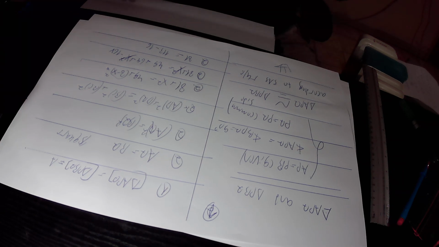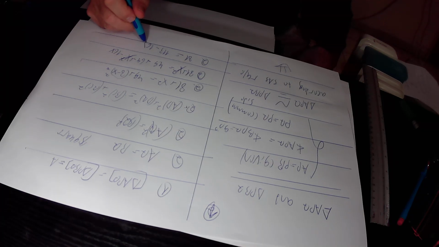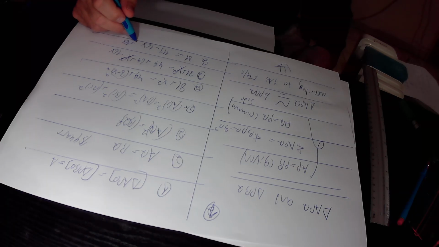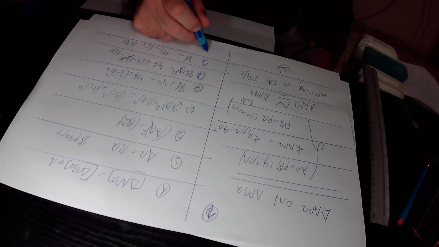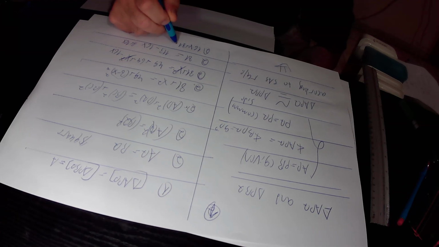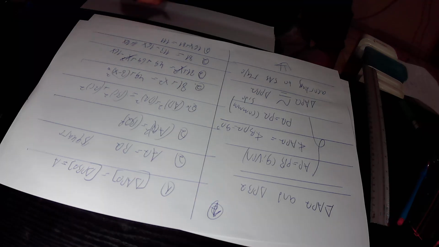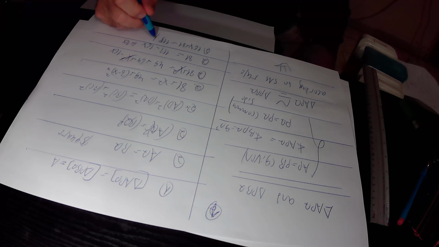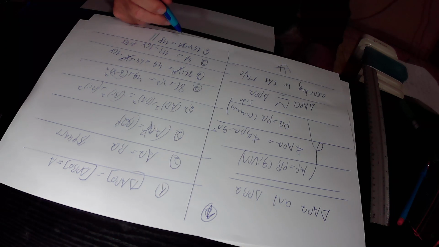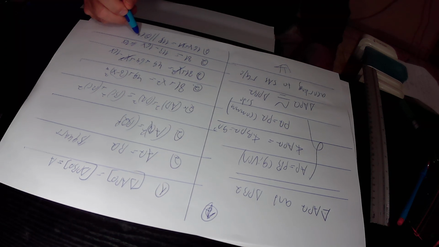So in total, according to equation 2, 81 equals 113 minus 16x. Here we add 16x to both sides, and we find that 16x plus 81 equals 113. Here we subtract 81, and finally get that 81 gets cancelled and only 16x is left.